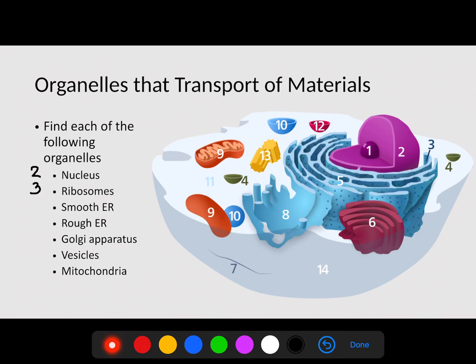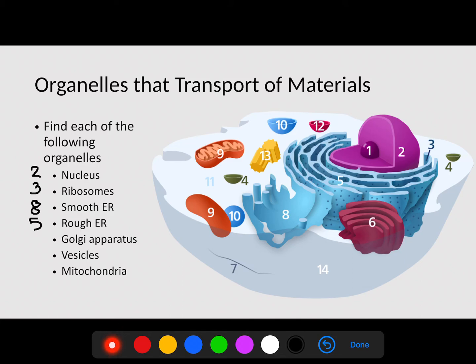Number 8 would be our smooth ER because there are no ribosomes attached. The rough ER would be number 5, this entire structure right here because of the dots. Remember, the rough ER produces proteins, the smooth ER produces lipids and carbohydrates.